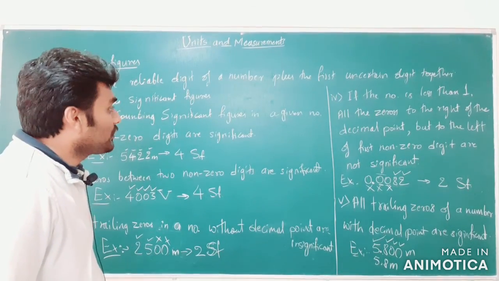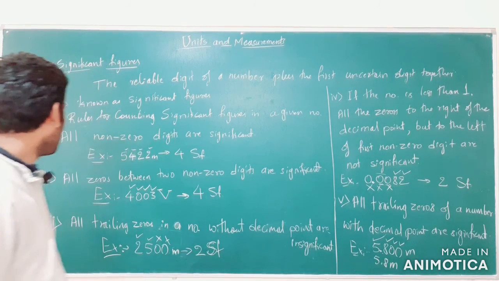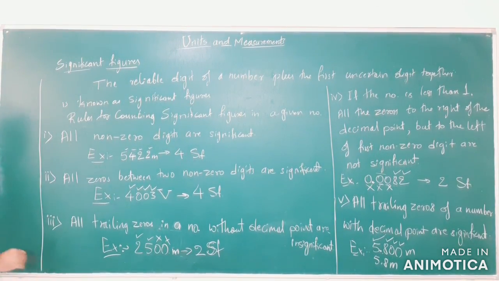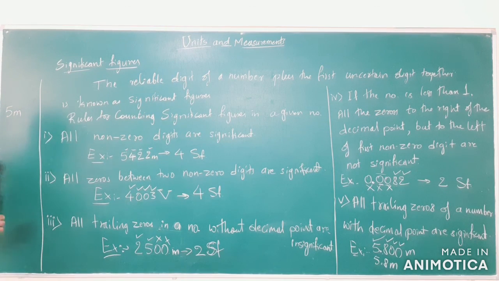Now the doubt that might arise is, say I have a number like 5 meter. Then you might ask, sir, I can write this 5 meter as 500 centimeter, and I can also write this as 5000 millimeter, right?